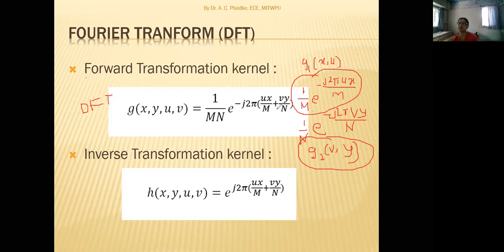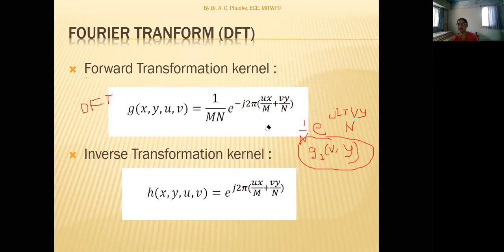This transform is separable as well as symmetric, because if you check the main functionality is e raised to minus j theta. Similarly, here for this second term, we have functionality e raised to minus j theta. So this forward transformation kernel of two-dimensional DFT is separable as well as symmetric.